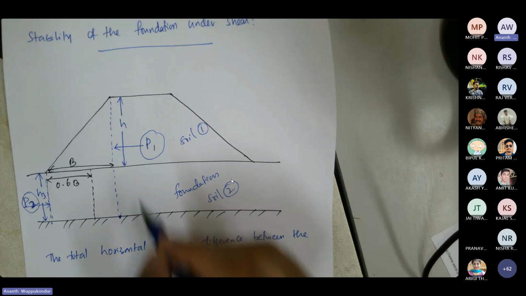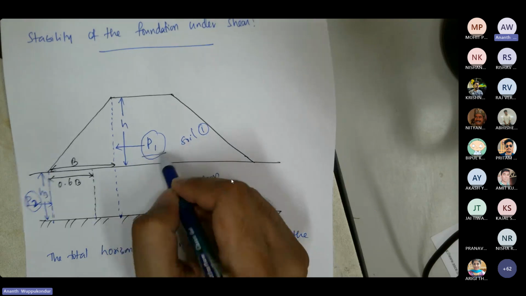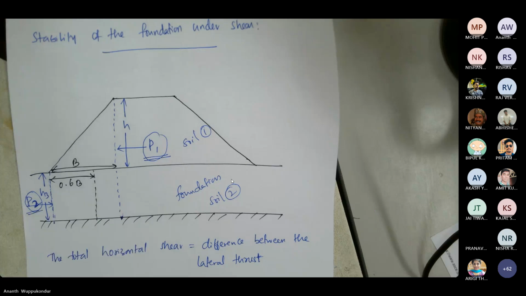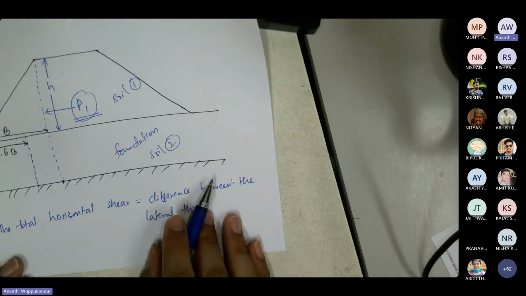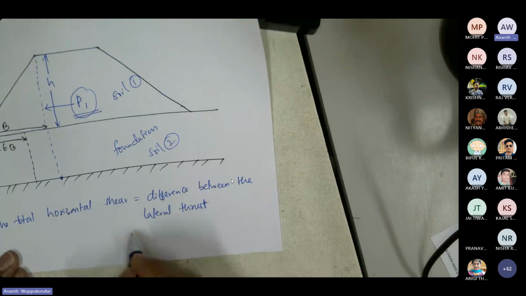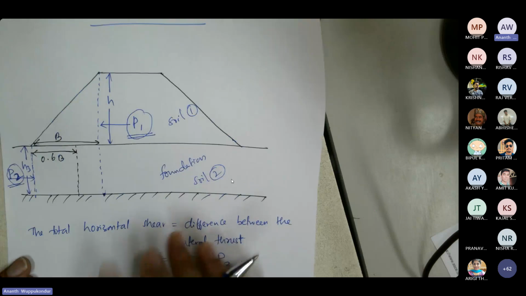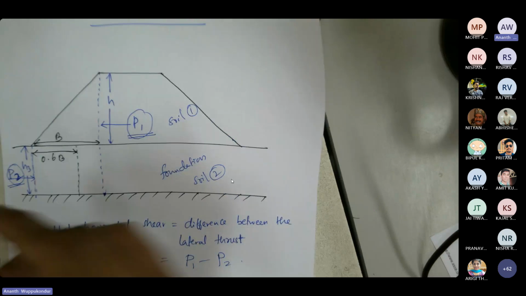So now we have two forces horizontally, which is P1 and P2. So the net horizontal force or the net horizontal shear would be the difference between the two lateral thrusts, which would be P1 minus P2. So this is going to be the net horizontal shear between the two faces, P1 minus P2.